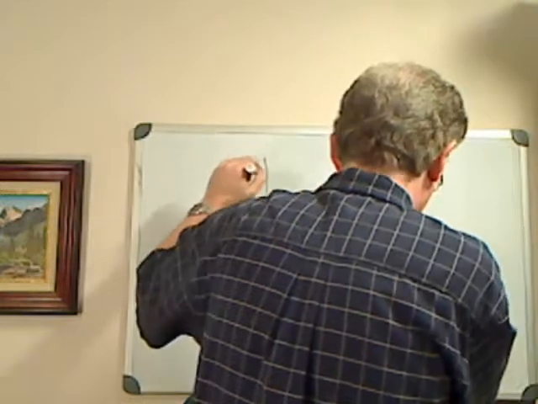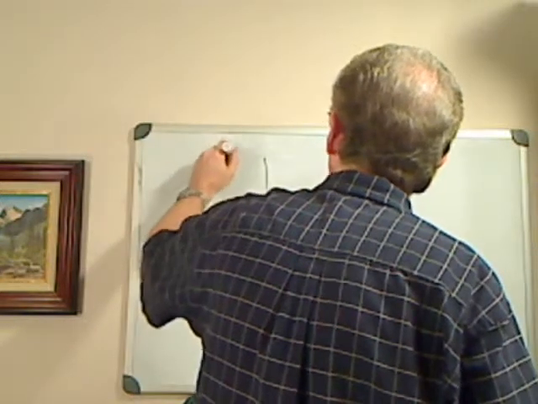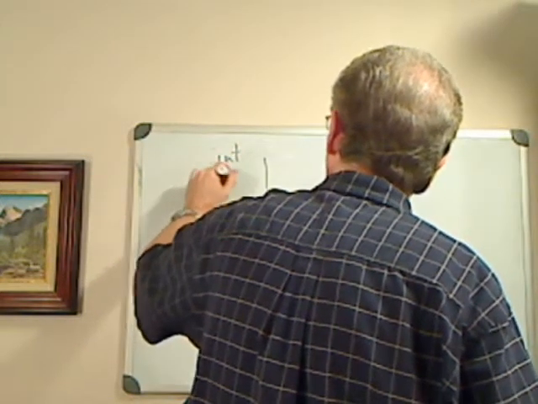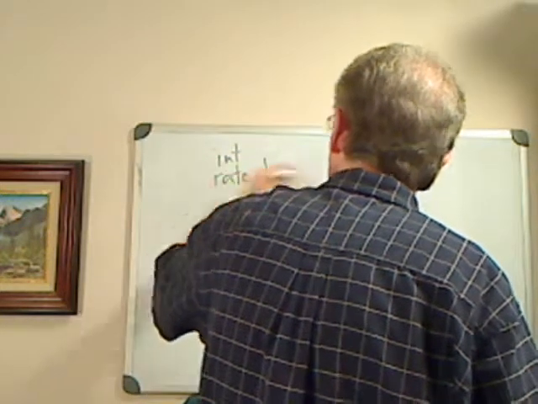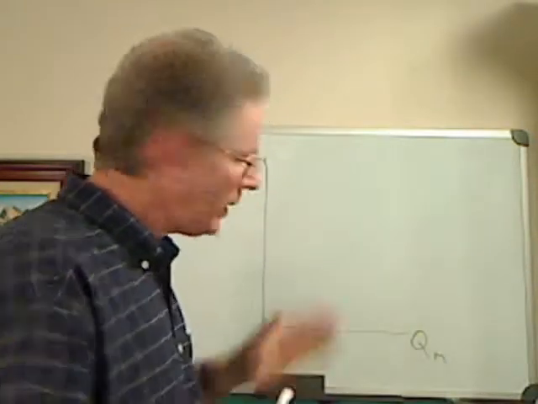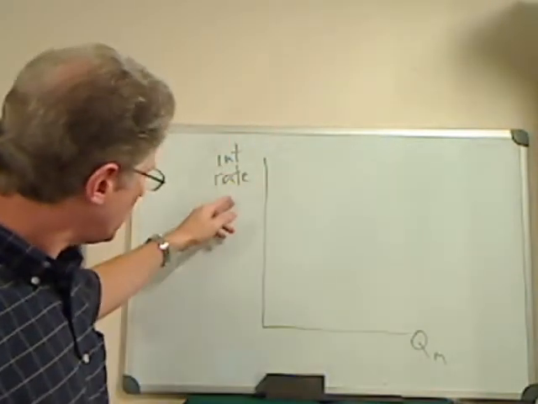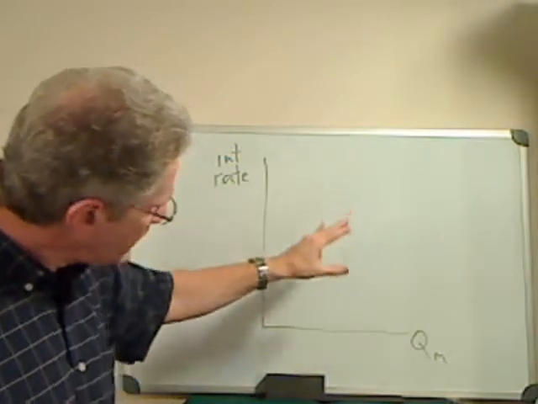What is the money supply curve going to look like? When we ask that question, we're really saying, what's the relationship between the interest rate and the amount of money available in the economy?